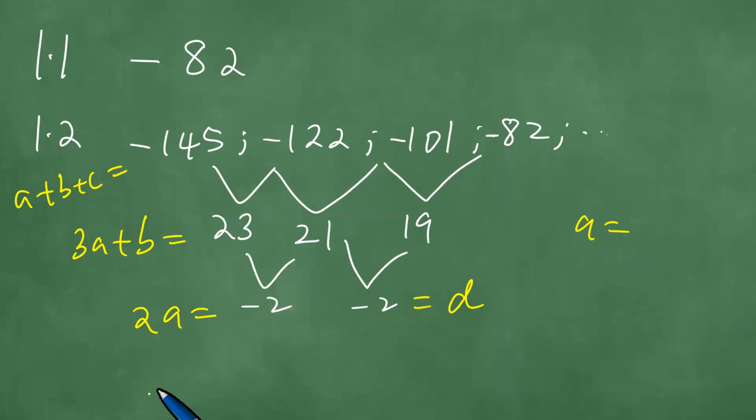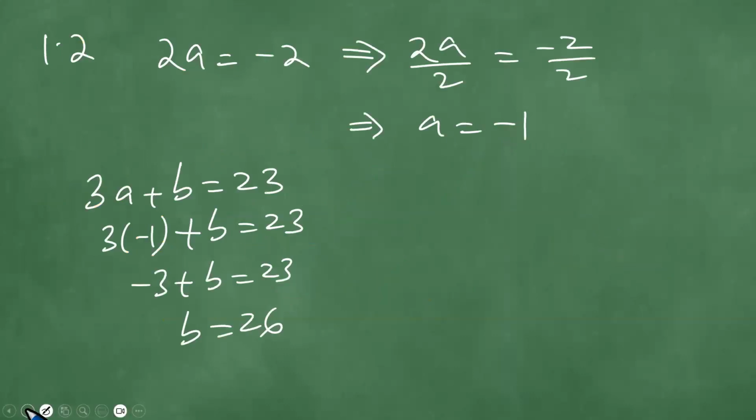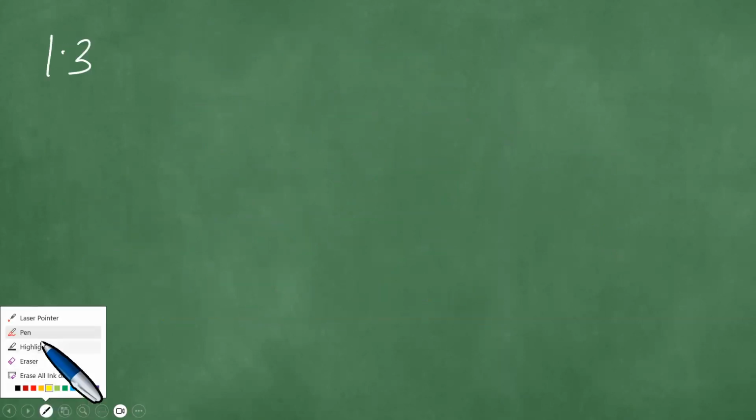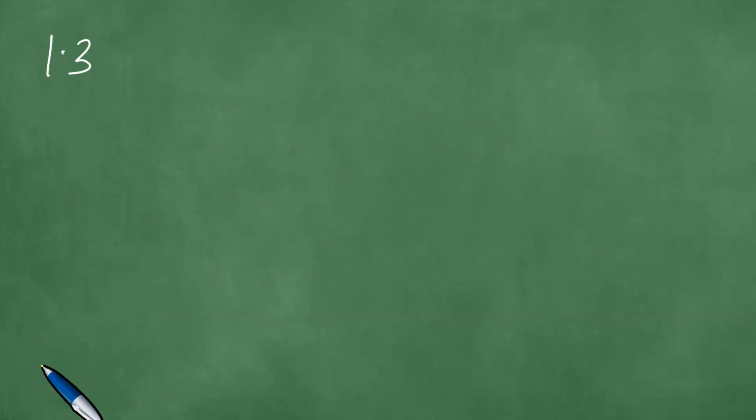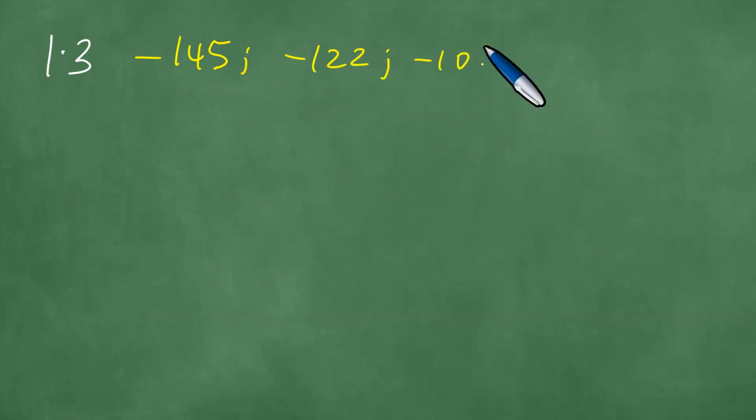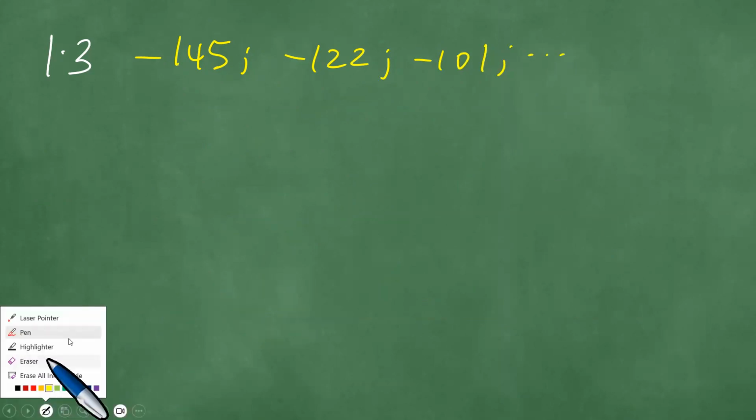So in 1.3, write down the pattern in detail: minus 145, minus 122, minus 101 and so on, and minus 82 as well.